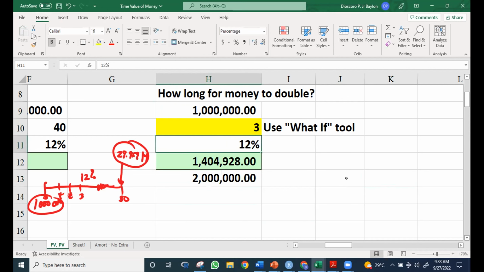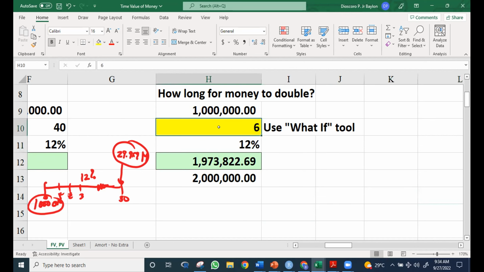We can do this manually until we get to, let's say, 7. Oh, it's over. So it has to be between 6 years and 7 years, right? Because if it's 7 years, then our money became 2.21 million. It's already in excess. But if it's 6, then it's still lacking, right?